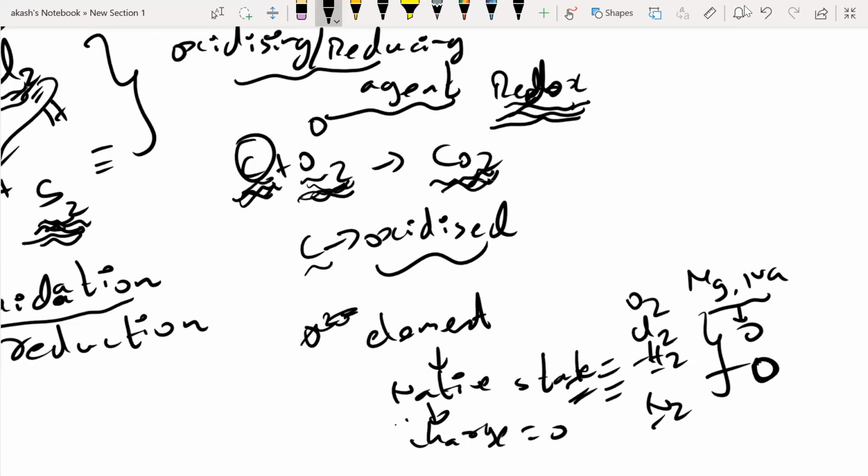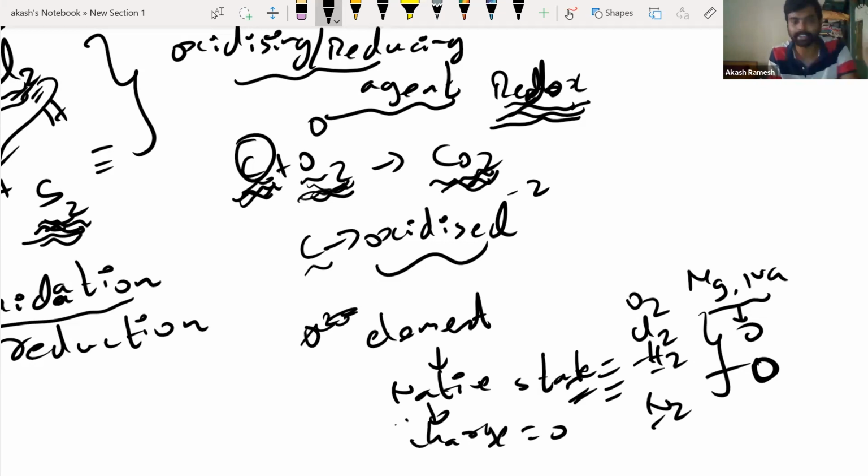Yes, -2, right? This oxygen will have -2. Anyway, you don't have to worry about it. These kinds of questions are not going to be asked. I'm just trying to explain to you that in any reaction where oxidation happens, the reduction also will happen. That is the only thing I wanted to prove to you.